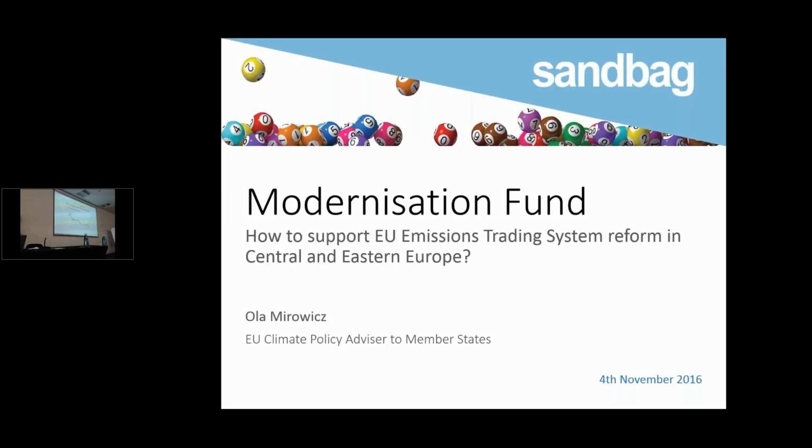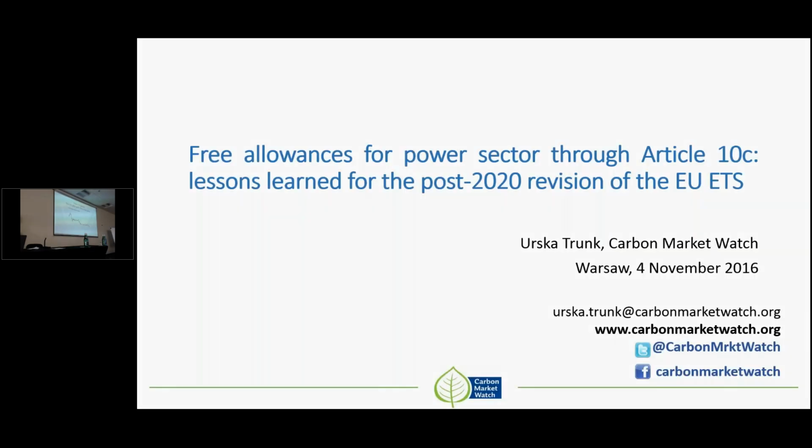So first we'll have a talk that will tell us something about the 10C derogation that I hope many of you heard before, and how it went in the phase 3. What are the lessons learned for the next phase?